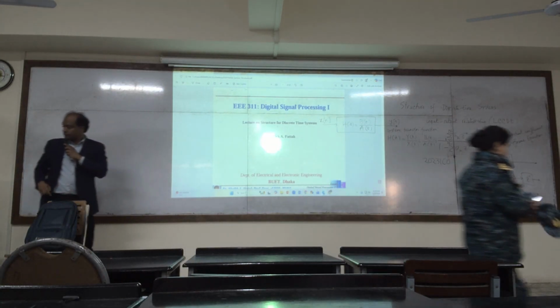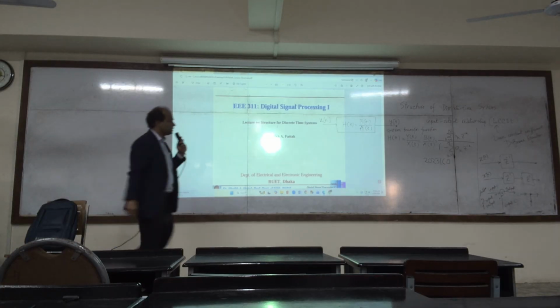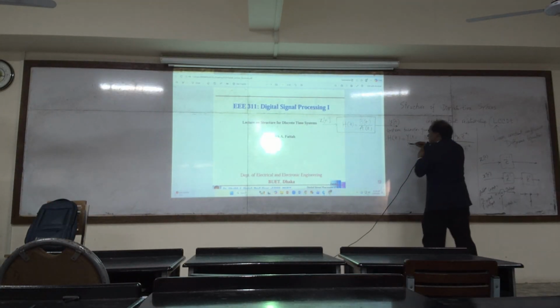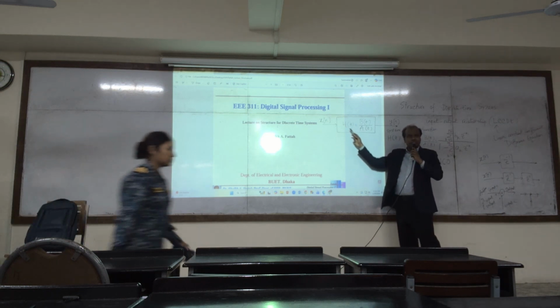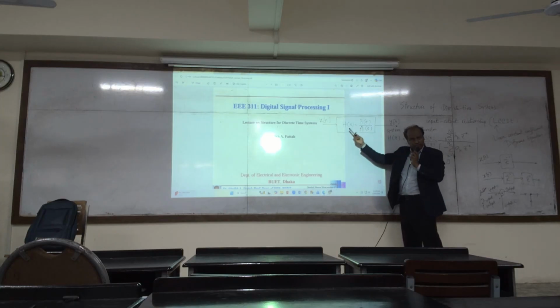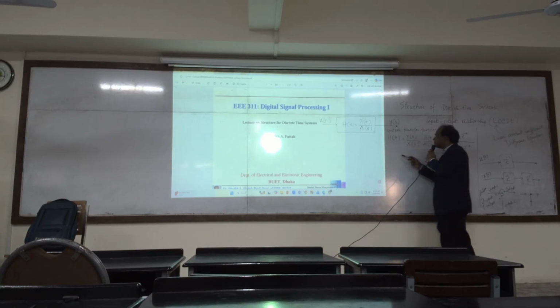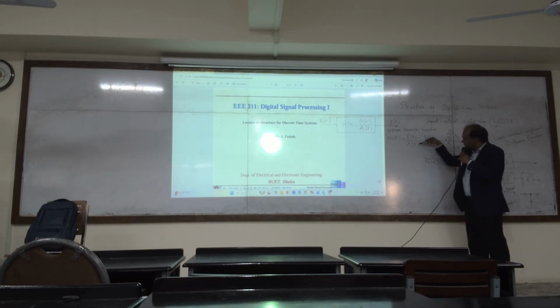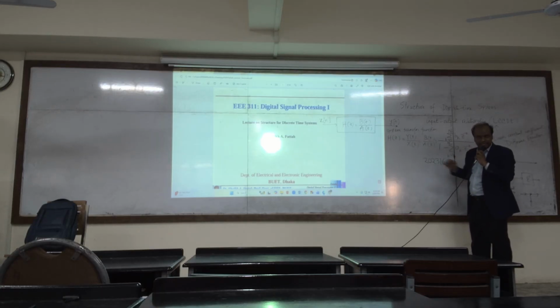If you see here, what I'm input, this is system transfer function. This is our overall system transfer function. What is it? Z transform of the output, Z transform of the input, Y by X. That we know.